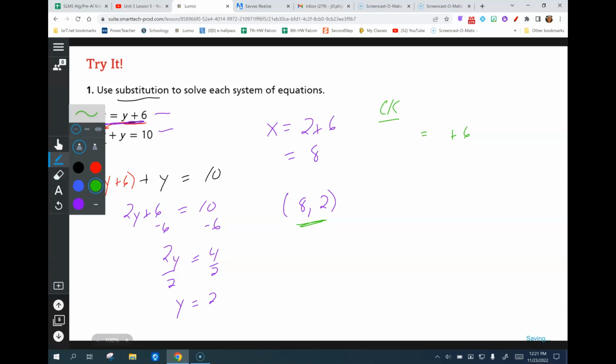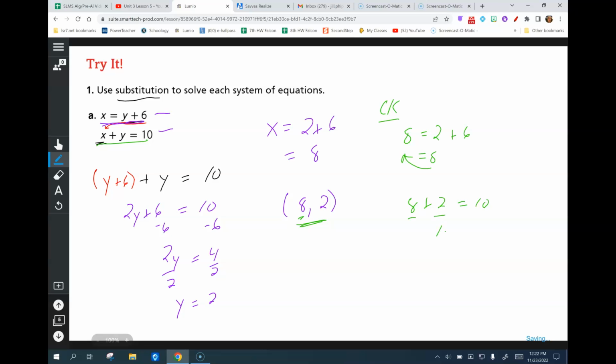Silly me. My y is 2 and my x is 8. There we go, and that does give me 8 equals 8. Now I'm going to plug it into the second equation. 8 plus 2 equals 10, so yes, that one works too. So we've just checked it. We plug it into both equations, and it has to be true for both. Good.